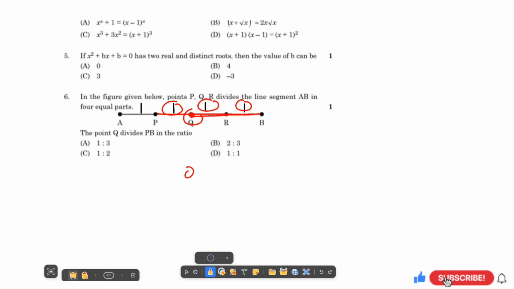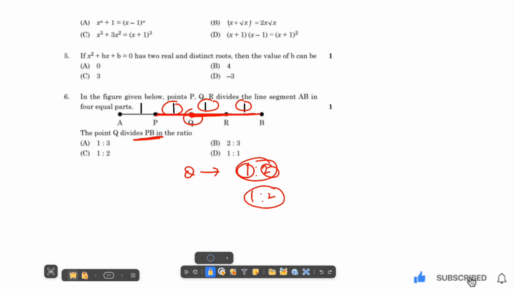That means this Q divides PB in the ratio 1 is to 2. Q divides PB, it is given only PB, so the P to B distance. To the left side of Q one part, to the right side of Q two parts. So which option is right? 1 is to 2 is the right answer. So option C is the right answer.